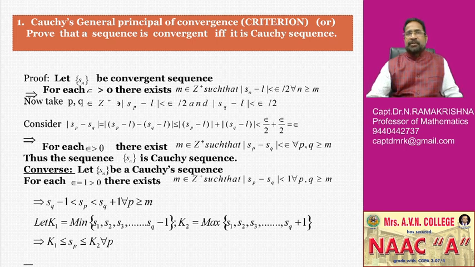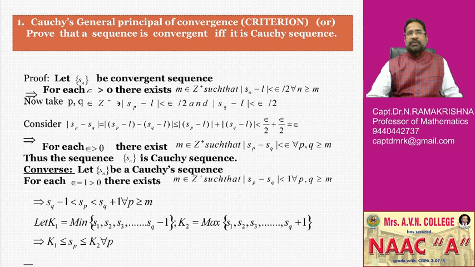Each one is less than epsilon by 2, so we get epsilon. That is, for each epsilon greater than 0, there exists m belongs to Z plus such that modulus of Sp minus Sq less than epsilon for all p, q greater than or equal to m. This is exactly the definition of a Cauchy sequence. Then we conclude that sequence Sn is a Cauchy sequence.